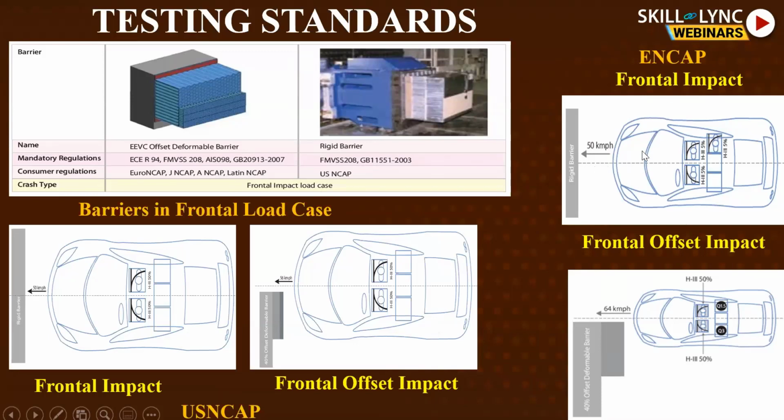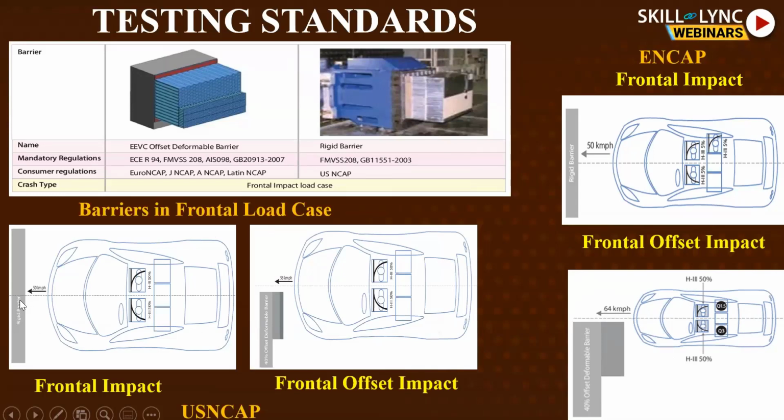For frontal impact, it will be impacting the rigid barrier at a velocity of 50 km per hour, and for frontal offset impact, it will be impacting at a velocity of 64 km per hour. In this, two different dummies will be kept, Hybrid III 50%.